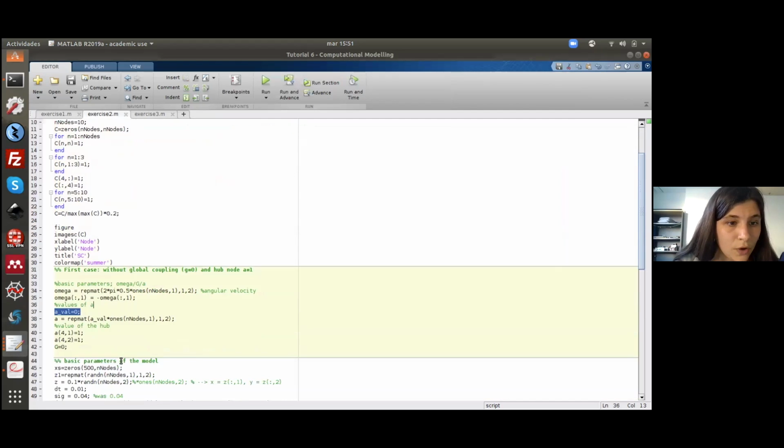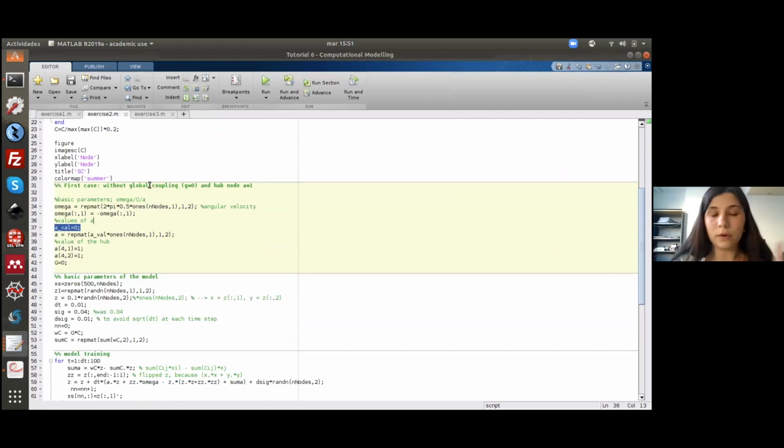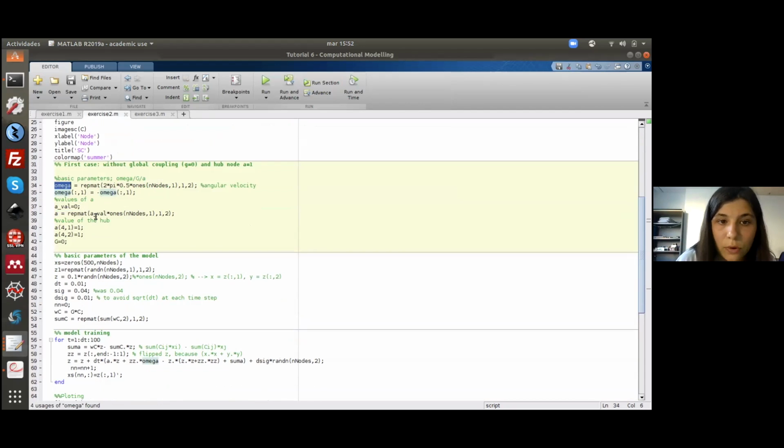So for the first case, we can do first without coupling. So saying, okay, we are going to have different oscillators, and each oscillator will work in the regime that it wants. If we do like this, we set the omega as we did before with an angular velocity that is fixed.